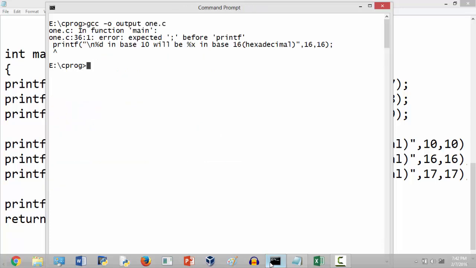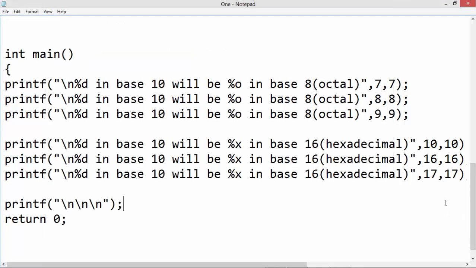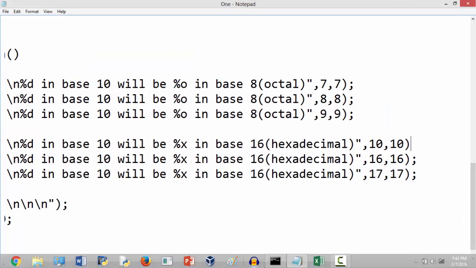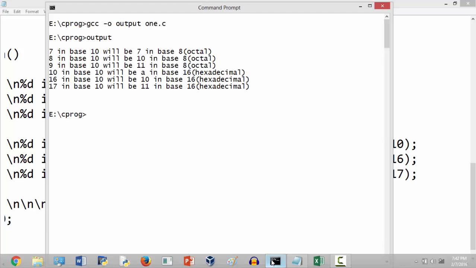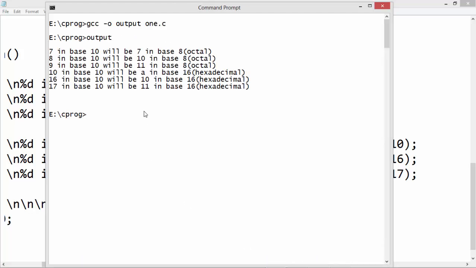Okay, did we forget the semicolon? Yes, it is. Okay, so now 10 in base 10 will be A in base 16, isn't it?